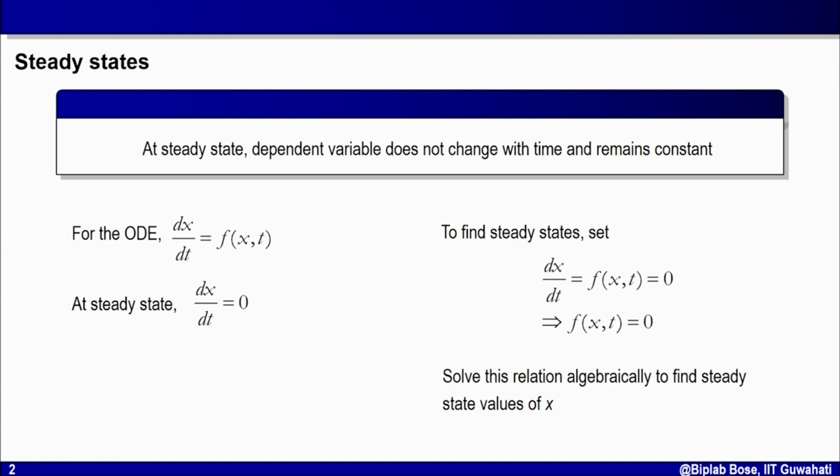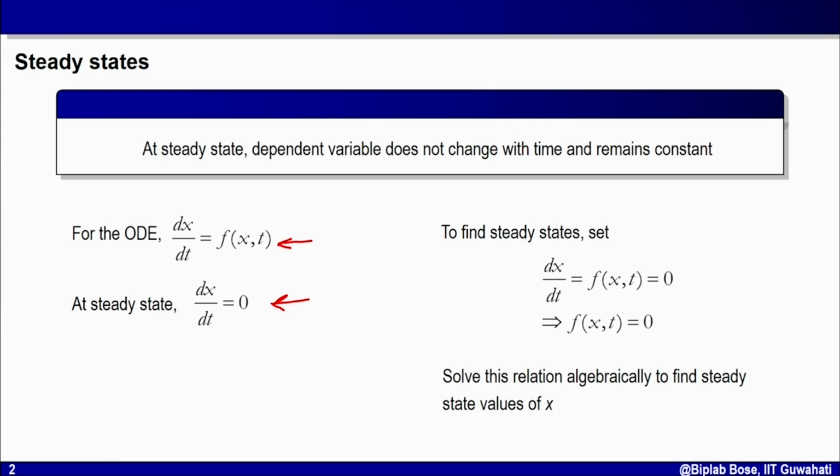To get that steady state, mathematically we can write, suppose the system is represented by an ODE as given here in the slide, dx/dt is equal to a function of x and t. By definition, at a steady state, dx/dt will be 0. As dx/dt is 0, that means x is not changing with time.